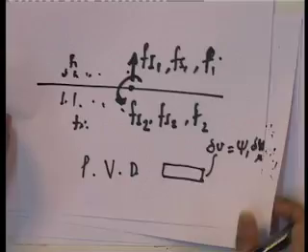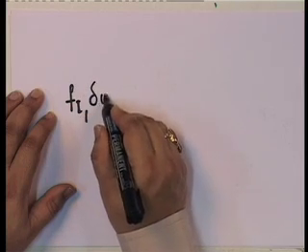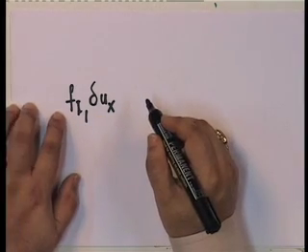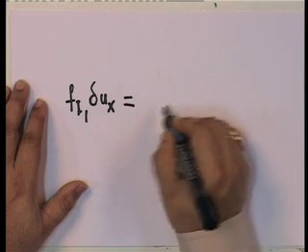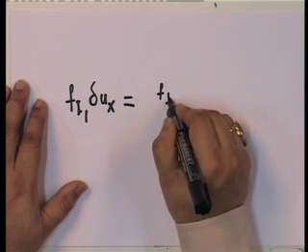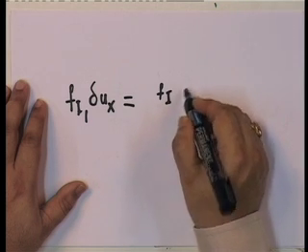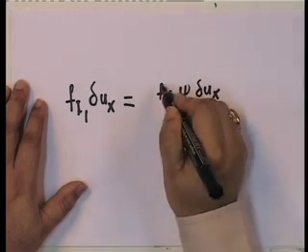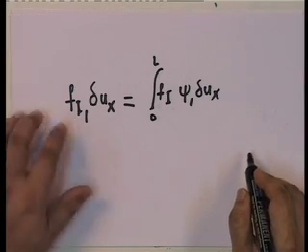Fi1 into delta u x is the work done by the equivalent inertial force, and this has to be equal to the inertial force per unit length, the mass, into xi 1 delta u x, integrated over the whole length.